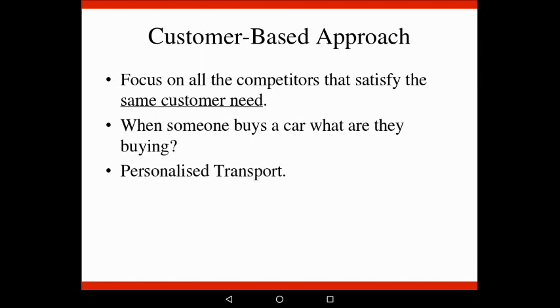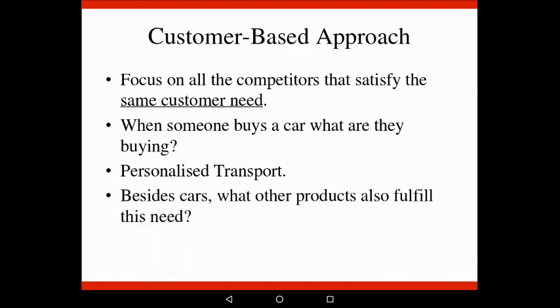If you don't have your own car, you have to use public transport, which means you have to travel with many other people, like on the bus or on the train or in the taxi. But a car gives you transport that is personal. It's only for you. And it's more flexible. You can drive when you want to, whereas with trains and things, you have to be there at the same time as everyone else.